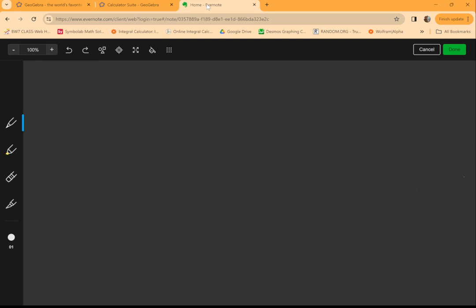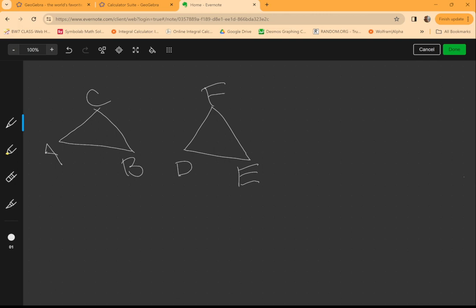So when we have two triangles and we say they're congruent, let's draw a triangle here and label it. A couple of things we'll go over, first of all, are some naming conventions. The triangle where the vertices are labeled A, B, C, we denote by triangle ABC.